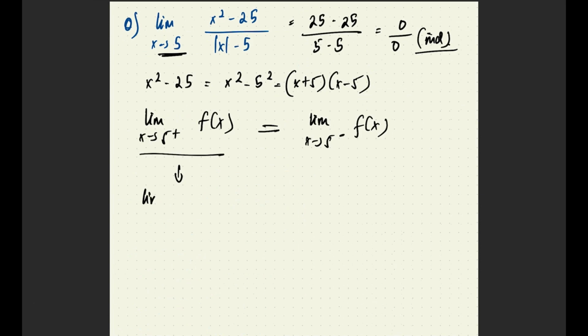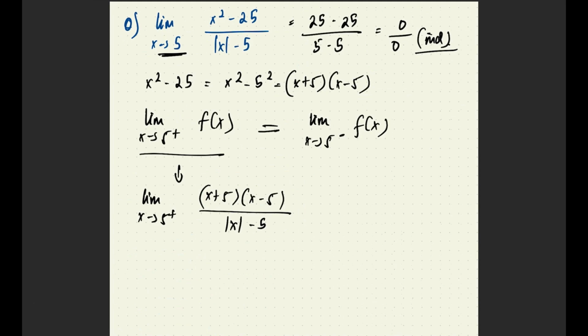So the limit as x approaches 5 from the right hand side of x plus 5 times x minus 5 divided by the absolute value of x minus 5. When we are approaching 5 from the right hand side, that means it's a number that's slightly greater than 5. If the number is slightly greater than 5, what does that mean? It's greater than or equal to 0.